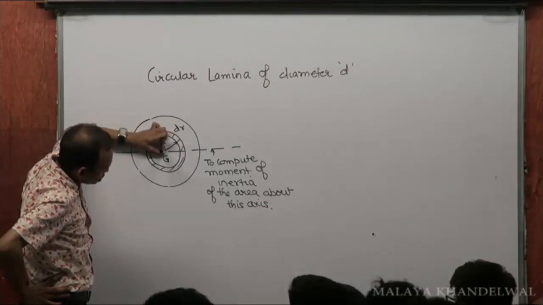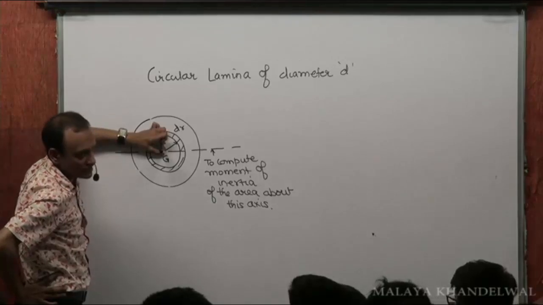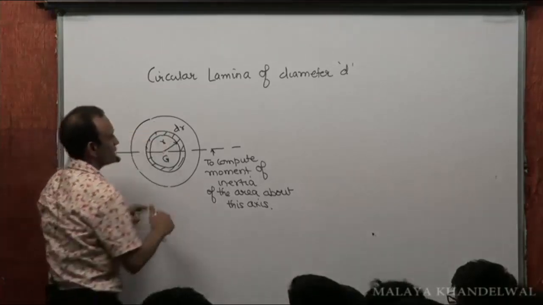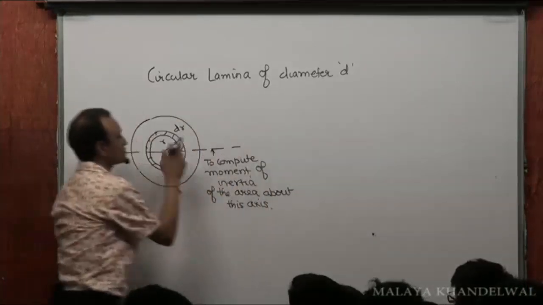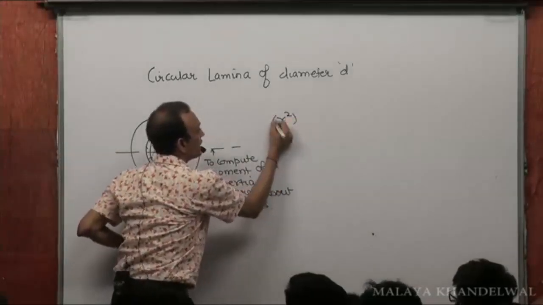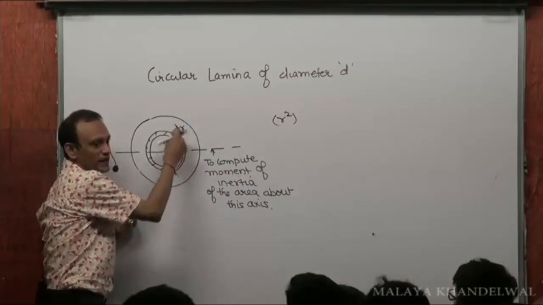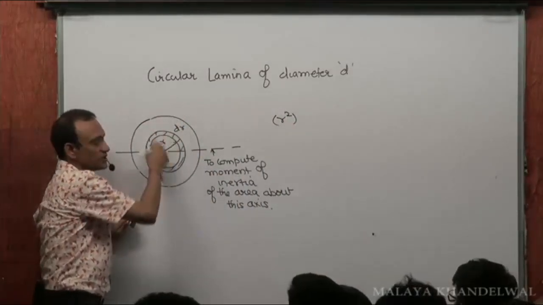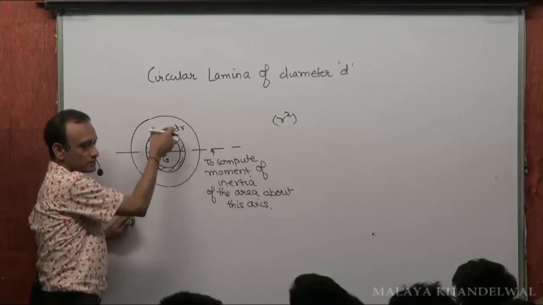So the contribution of this area about this axis is r squared into the area, which is 2 pi r dr.